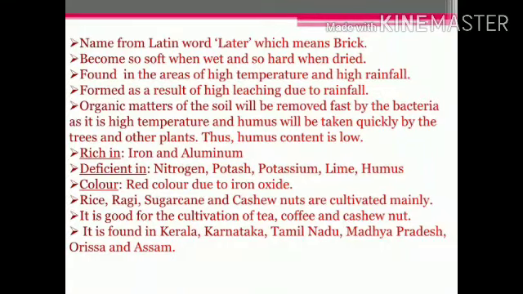Thus, humus content is low. The soil is rich in iron and aluminium, deficient in nitrogen, potash, lime, and humus. The red color is due to iron oxide. Rice, ragi, sugarcane, cashew nuts are cultivated mainly. It is good for the cultivation of tea, coffee, and cashew nut. It is found in Kerala, Karnataka, Tamil Nadu, Madhya Pradesh, Orissa, and Assam.